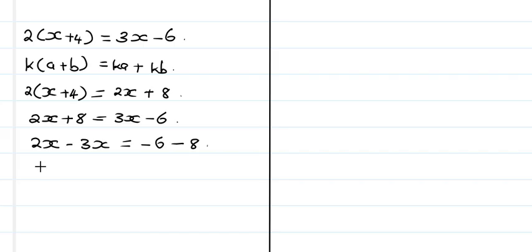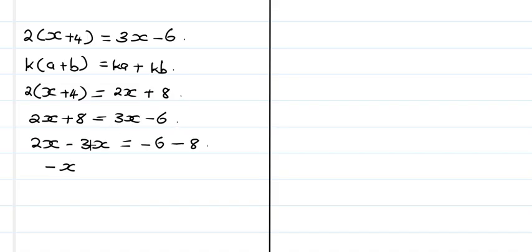And then I have 2x minus 3x, which will be negative x. Because this one is positive and this one is negative, it will remain negative x.